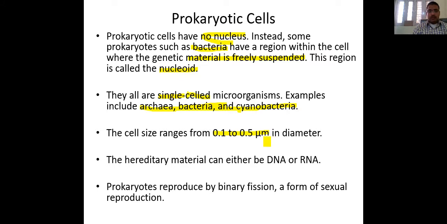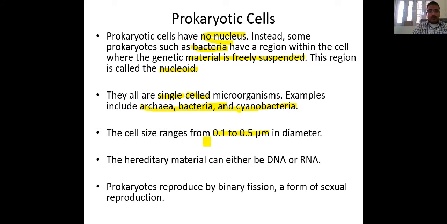Mu here is a sign that is recalled as micro, and m is meter, so that is called the micrometer. This micrometer is the cell size of all the prokaryotic cells, basically between these parameters, that is 0.1 to 0.5 micrometers in diameter.